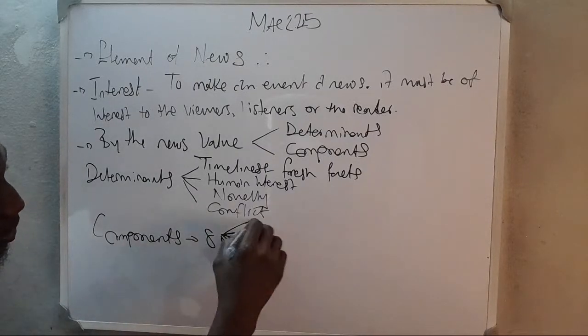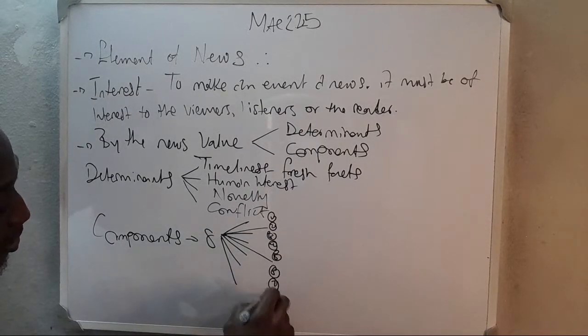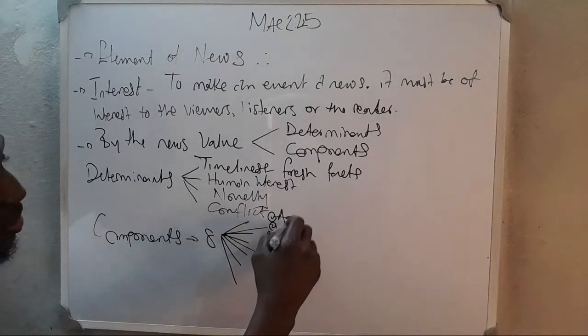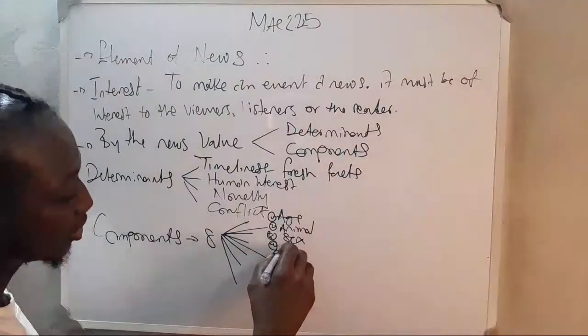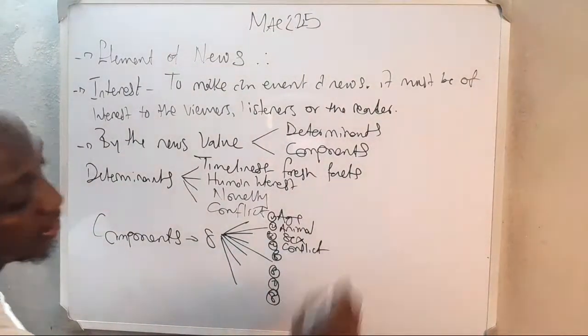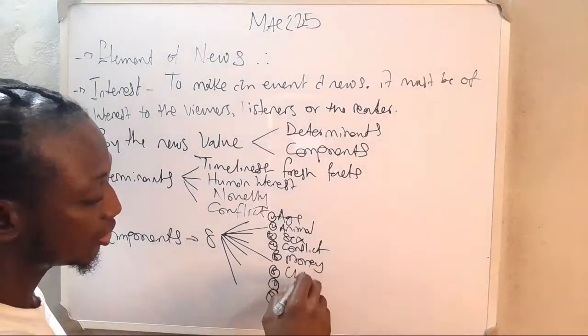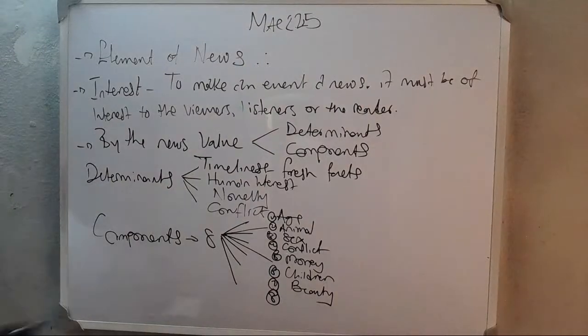We have age, animal, sex, conflict, money, children, beauty, and human interest.